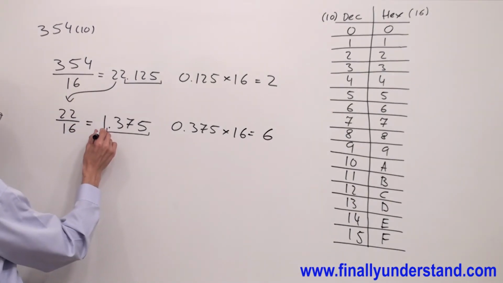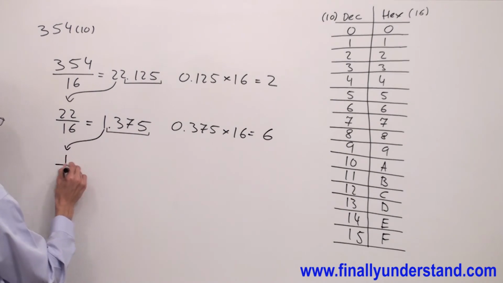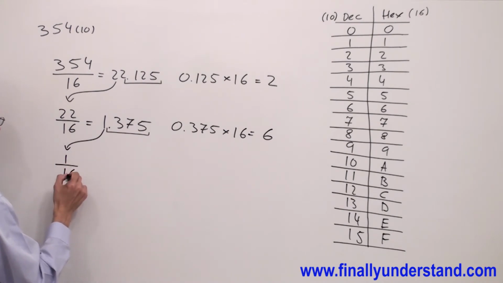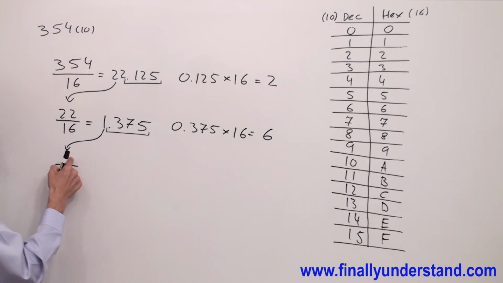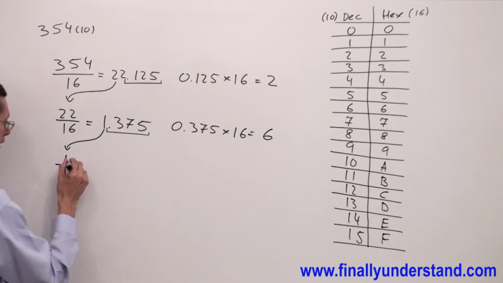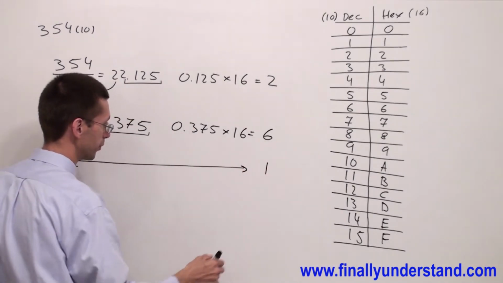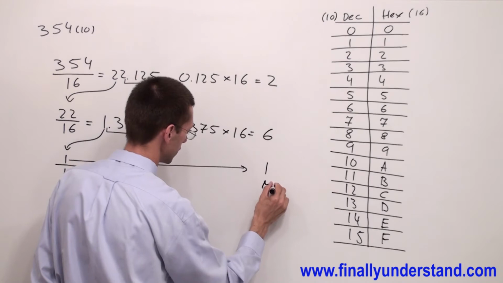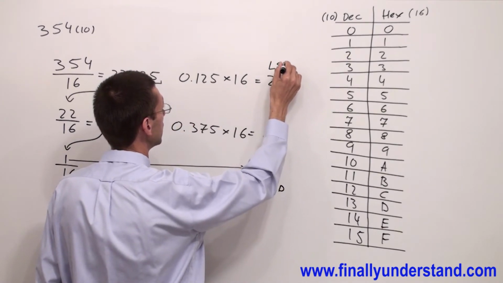Next, copy the whole part and divide by 16. Please notice that the numerator is less than the denominator. Anytime the numerator is less than the denominator, simply copy the numerator to the side. Keep in mind this is your most significant digit and this is the least significant digit.